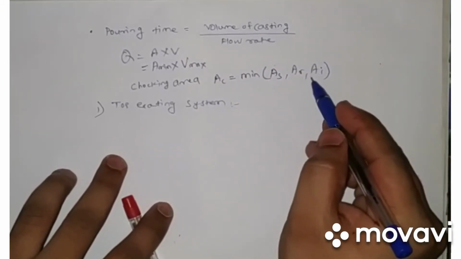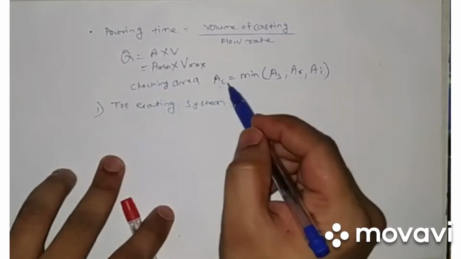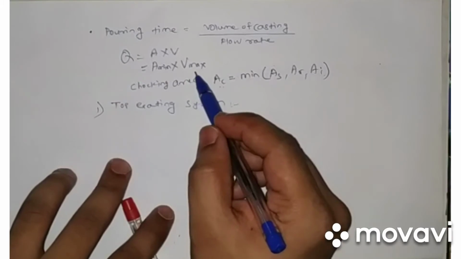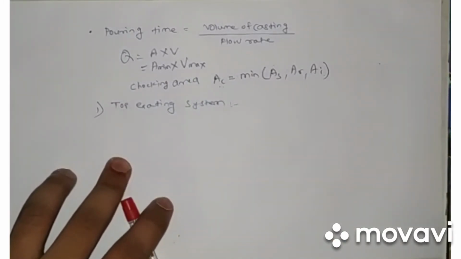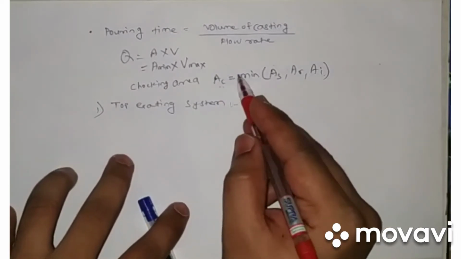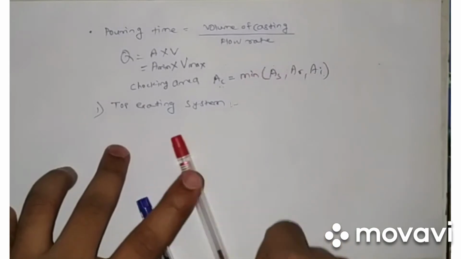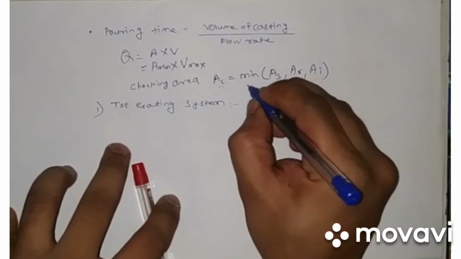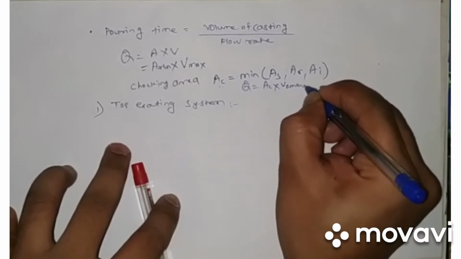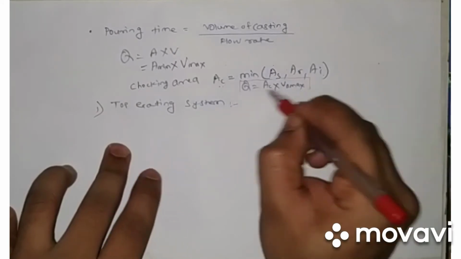Whichever is the minimum of these will be the choke area. If we consider this choke area, then we will get the maximum velocity which is required. So we always have to go for this choke area, so that we can write Q as AC into V max. So we have to consider the choke area.